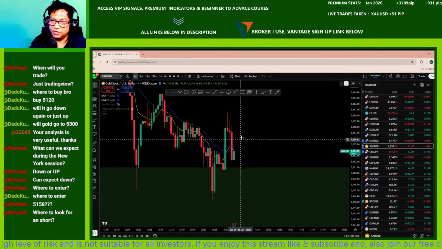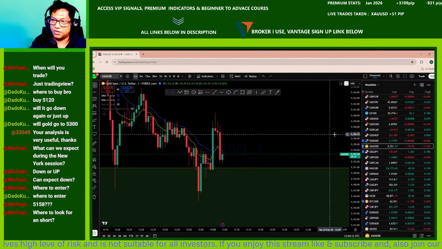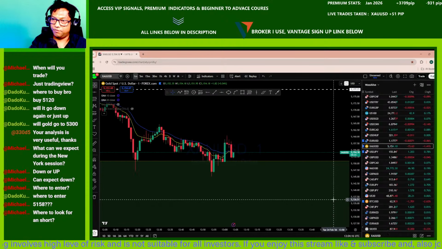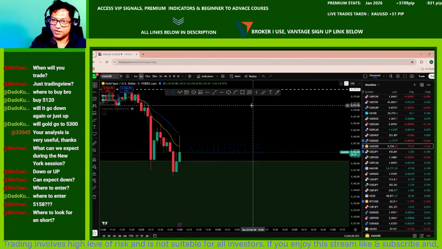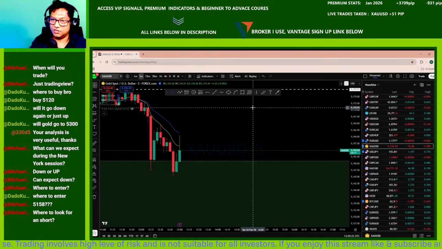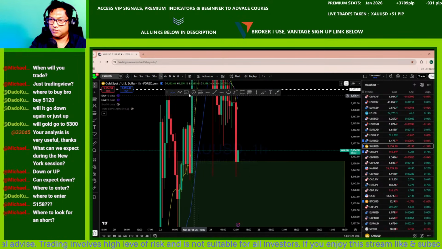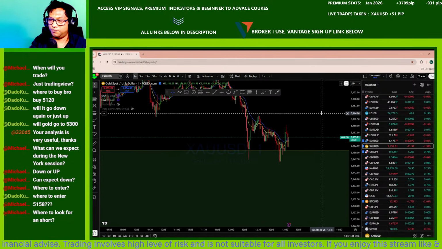So if you look at here, you can see the market has broken above, and it's now creating a potential entry with this break again. Let's see if we have that entry, the 5 minute candle closing, and yeah, I'm looking at a possible entry here.